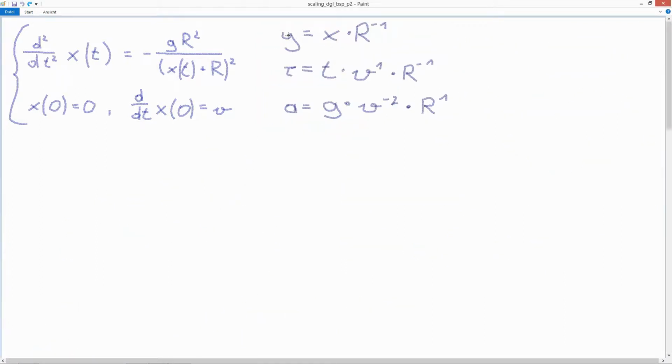So let's write this down. The first thing we have to do is to replace this y here with x times r to the power of minus 1.